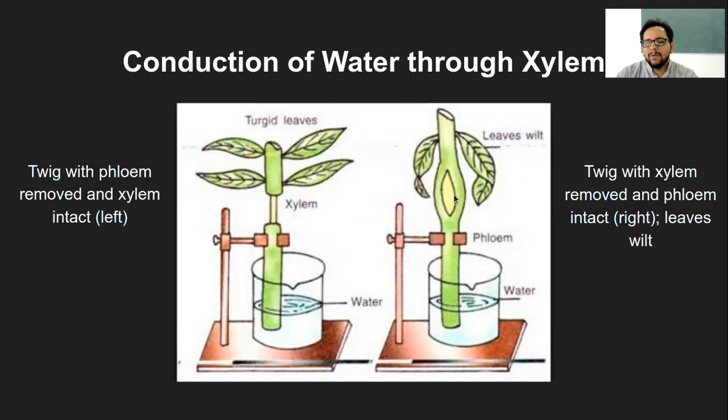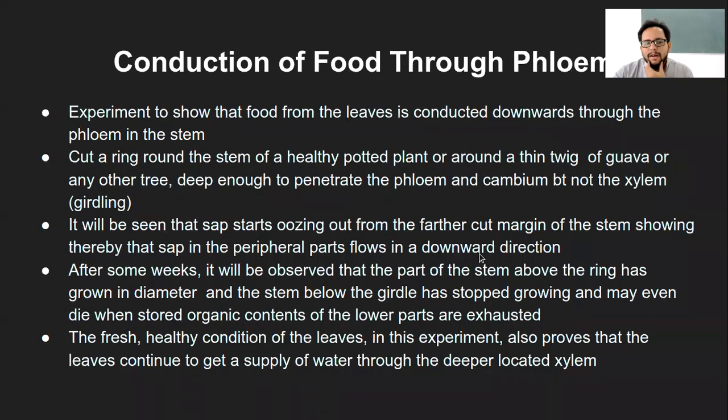Where the xylem was broken, in the second case, the leaves wilt because there is not sufficient water reaching them. So that was the third experiment to prove the conduction of water through xylem. Now the next one is the conduction of food through phloem tissue.